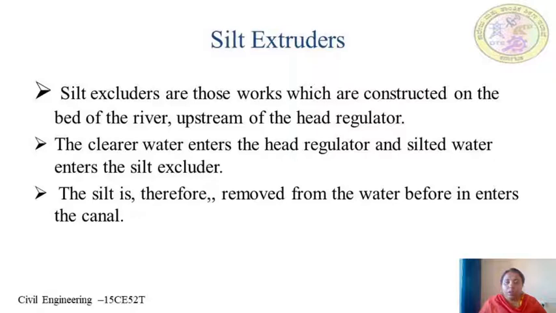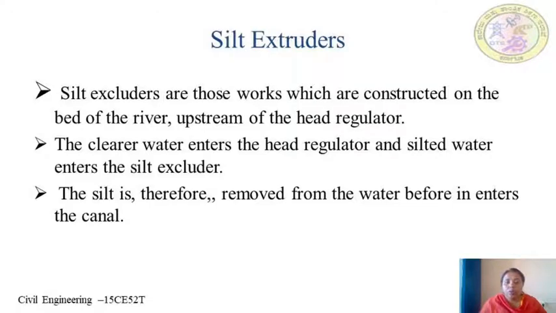Now coming to the silt excluders. Silt excluders are those works which are constructed on the bed of the river upstream of the head regulator. The clearer water enters the head regulator and the silted water enters the silt excluder. As I've already said, the approach channels are generally provided to form a pocket of water so that the silt will get accumulated and clear water is regulated into the canal.